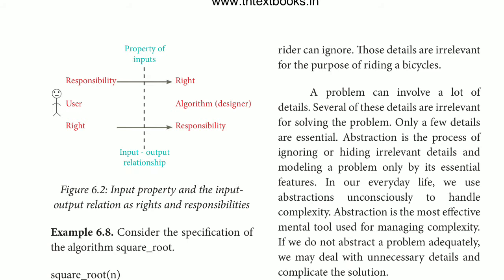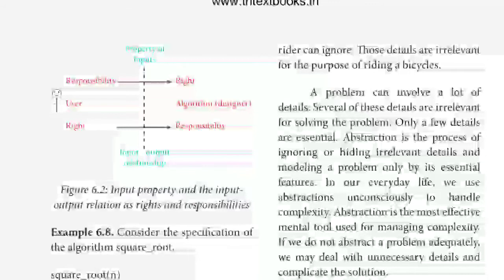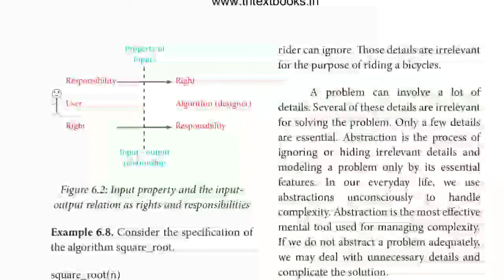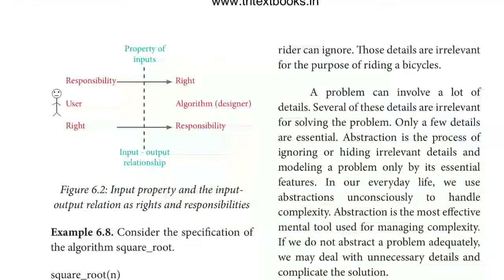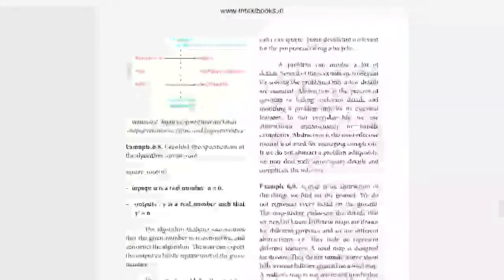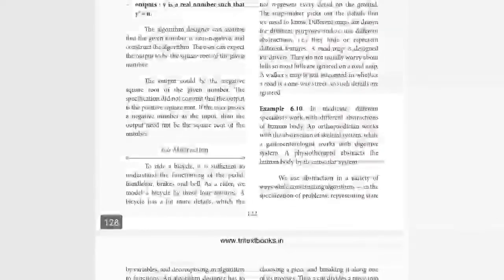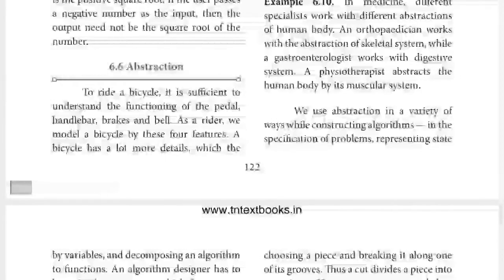If the user doesn't provide it, then the algorithm designer will ask for it. It is the designer's right to ask the user, and he must design the algorithm in such a way that it is a better algorithm to solve the problem. In this way they have given some example problems, so you can just read it and get it clarified.